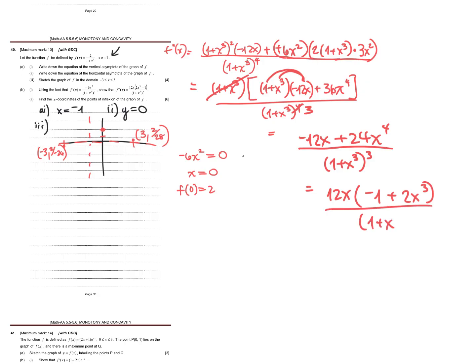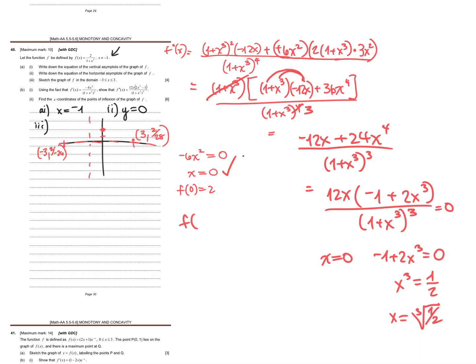So we have shown part B, and if we set this equal to 0, the denominator goes away, so we're going to have x equals 0 as an inflection point, which is this thing, and then negative 1 plus 2x cubed is 0, so x cubed is 1/2, so x is the cube root of 1 over 2. So that is the other point of inflection there.